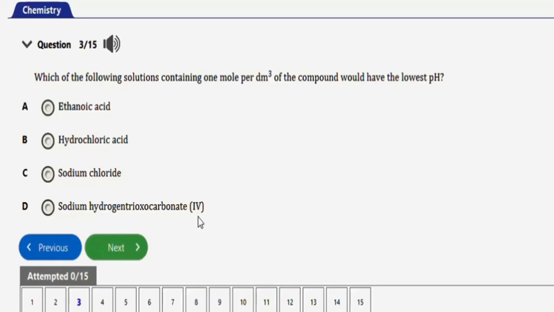Okay, so the lowest pH will be this option. So the right option in this question will be option B, which is hydrochloric acid. So hydrochloric acid is a strong acid, so on the pH scale it will have the lowest pH, around 1 or 2 thereabouts. Okay, so the next question will be this question.